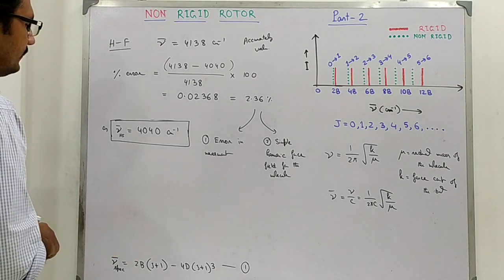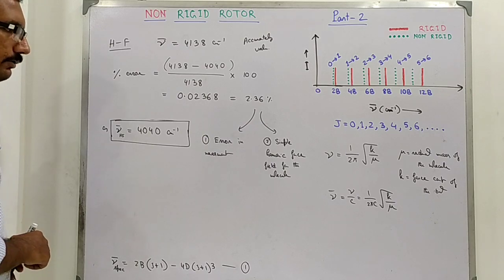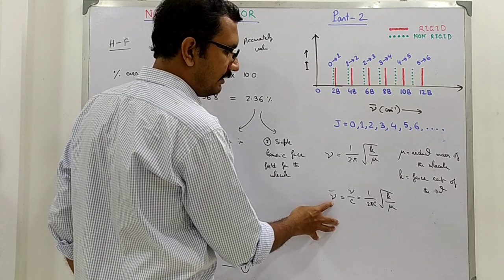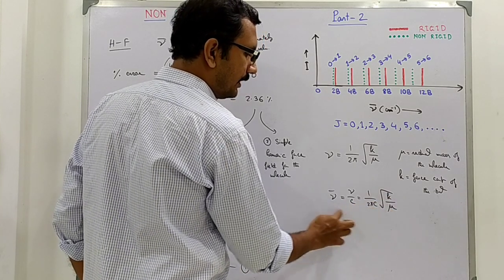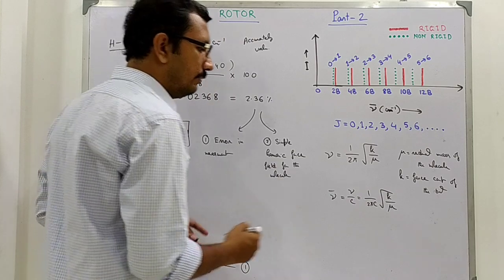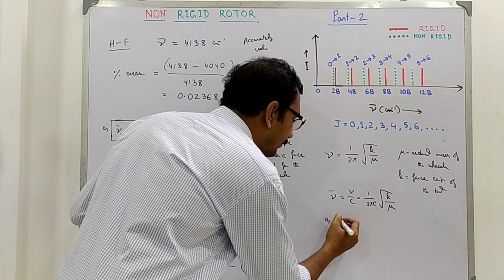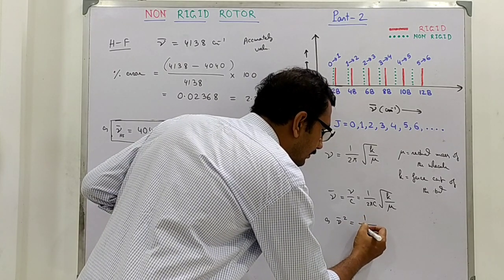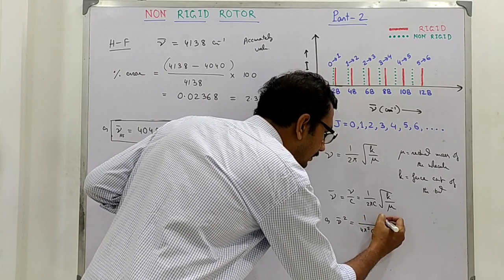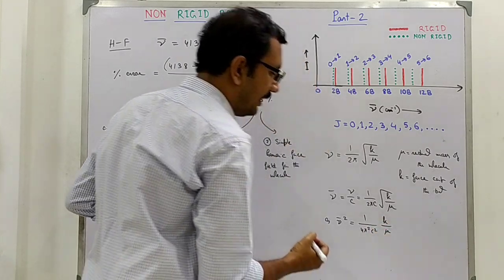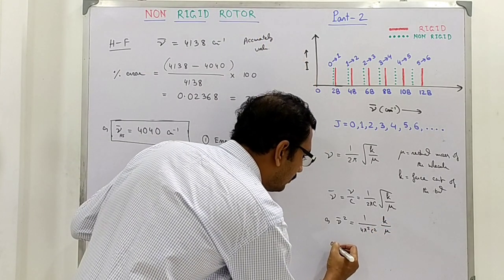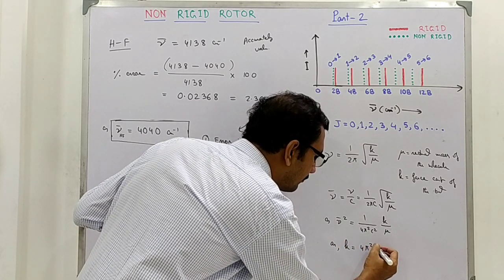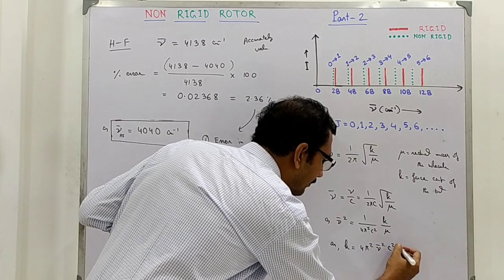Next, we know that the fundamental vibrational frequency in terms of wave number is related to the force constant of the molecule by this expression. So, what will be the value of K? For this, let us square both sides. So, it will be 4 pi square c square, and here it will be K by mu, or K will be equal to 4 pi square nu bar square c square into mu.